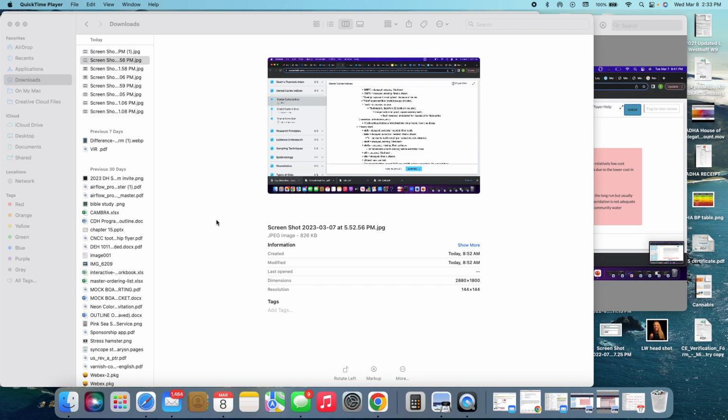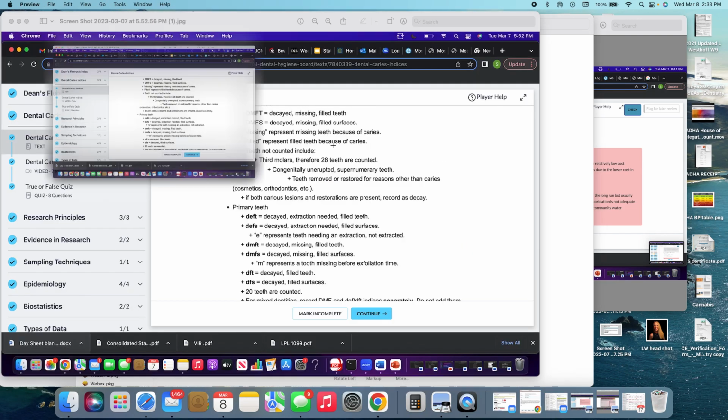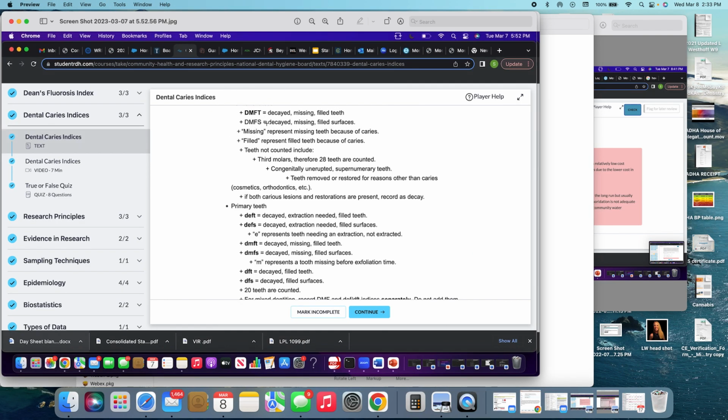And part of that is because, especially at elementary school age, we inherently have mixed dentition, which is a pitfall of having one type of index that's meant for permanent teeth only and one that's meant for primary teeth only, right?